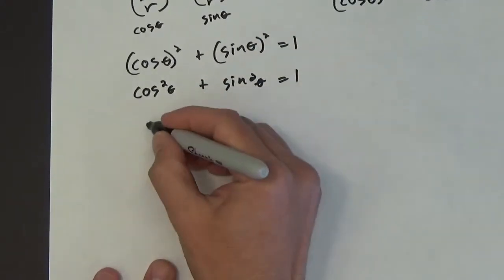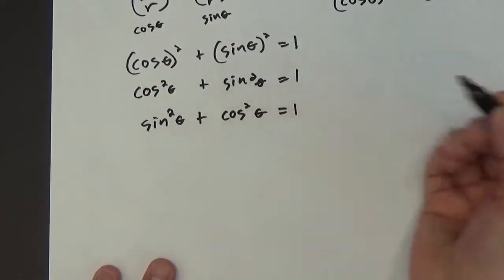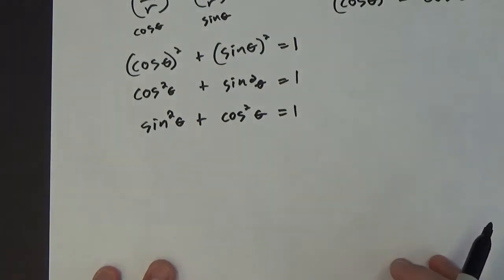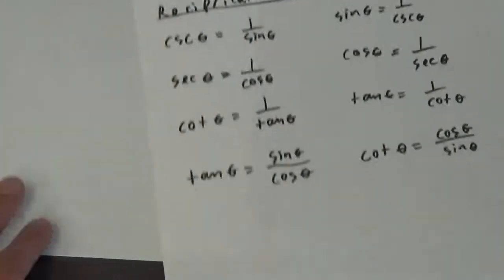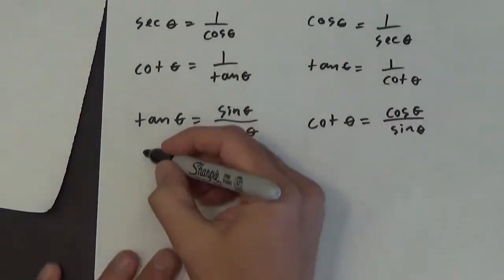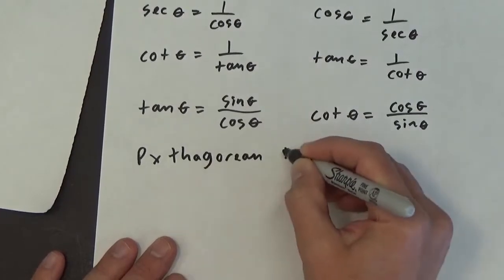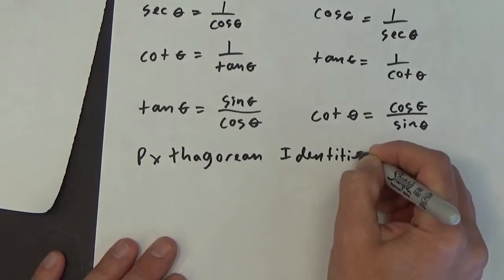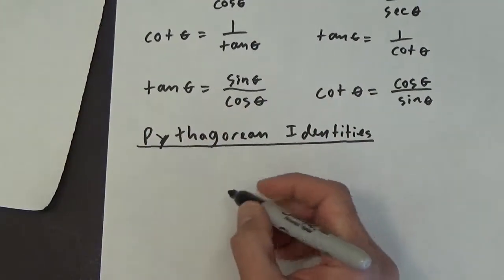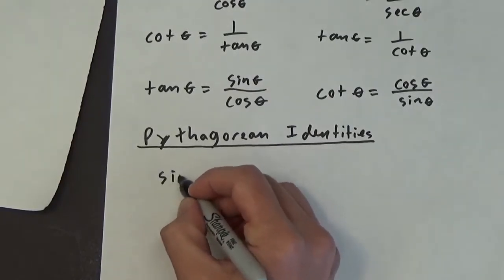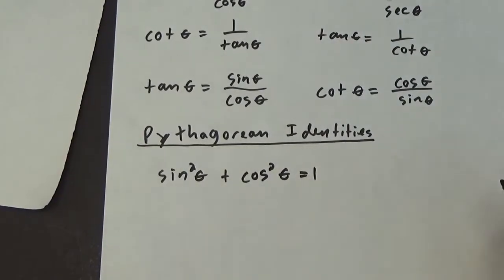Then we switch these and end up with the sine squared of theta plus the cosine squared of theta equals 1. And there is our first Pythagorean identity. Let's write that out in our list. The Pythagorean identities start us off with the sine squared of theta plus the cosine squared of theta equals 1.